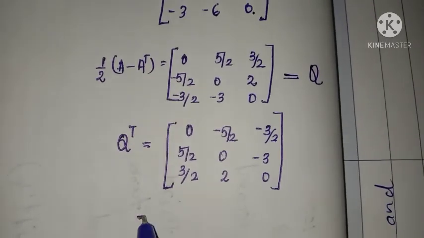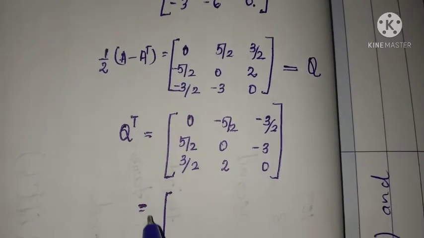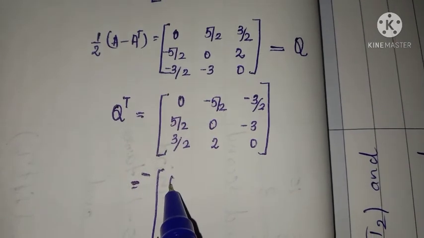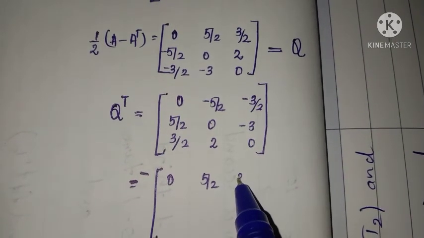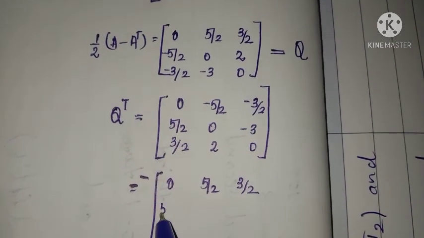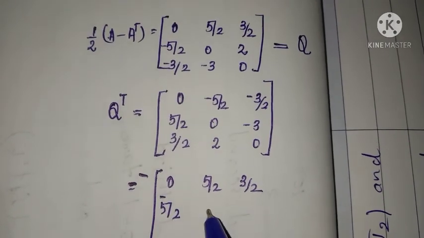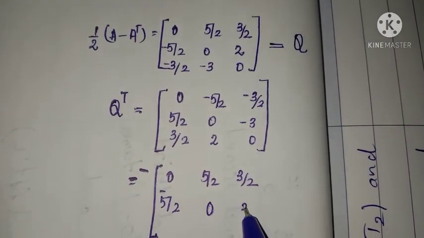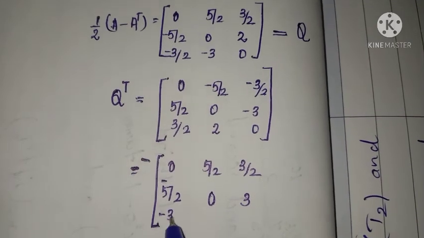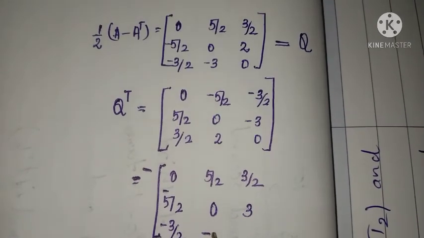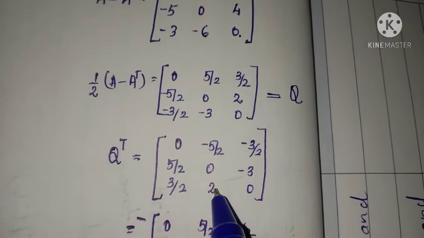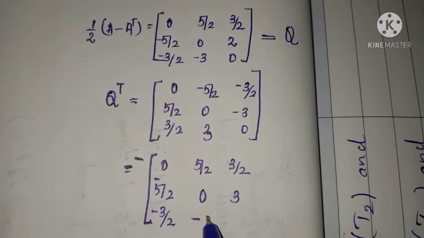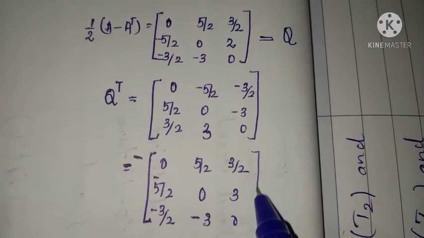If we take the negative sign out of this matrix, we get negative into 0, 5 by 2, 3 by 2; negative 5 by 2, 0, 3... listen, this is 2; negative 3 by 2, negative 3, 0.